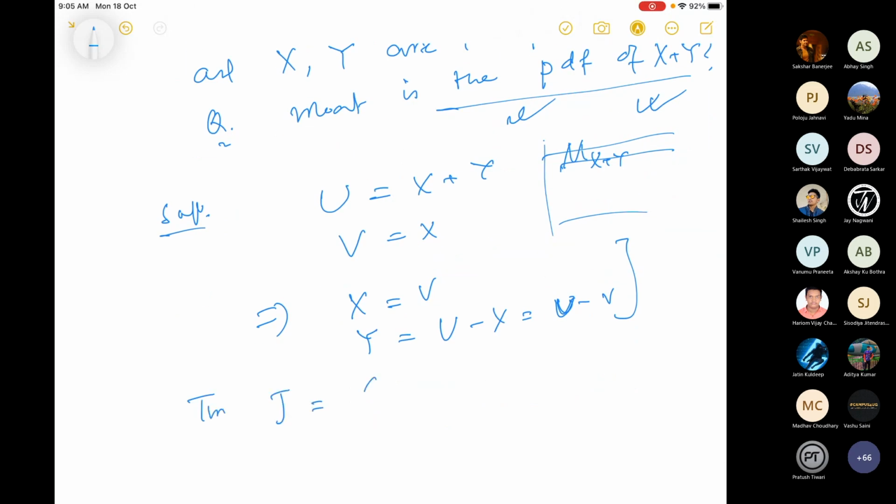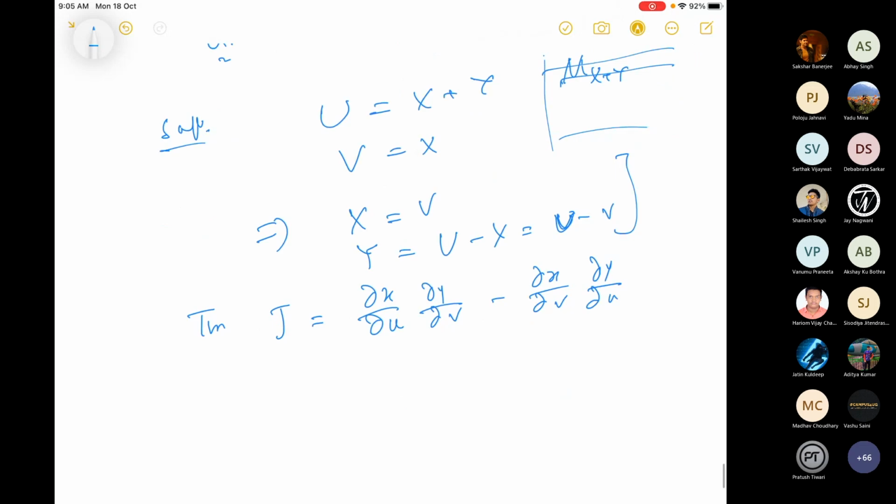Then we can find the Jacobian. The Jacobian is del x del u times del y del v, minus del x del v times del y del u, which is 0 times minus 1, minus 1 times 1, which is minus 1.